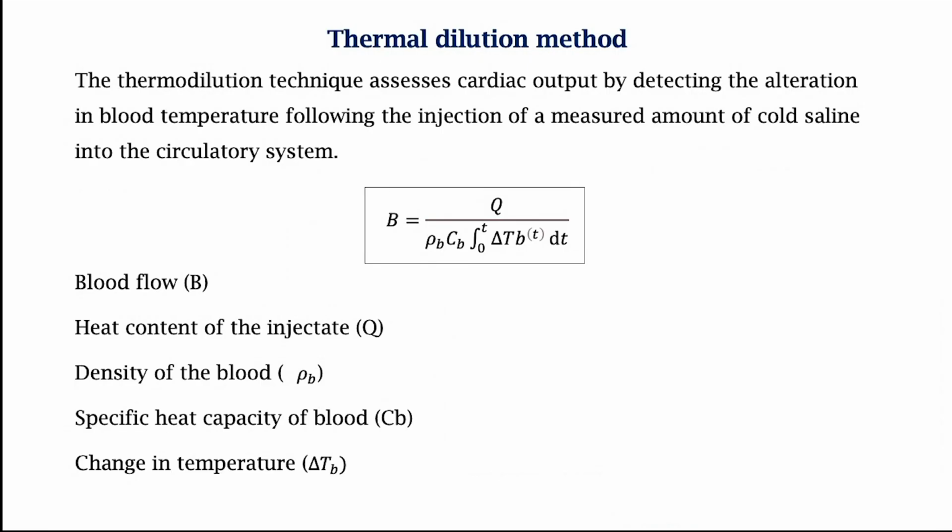Because I am the one sending it. I also know other things such as the density of the blood and the specific heat capacity of blood. And if I can find the change of the temperature of the blood, it is like the river example: I have a huge bar of ice that I put into the river, and then I measure the temperature downstream.